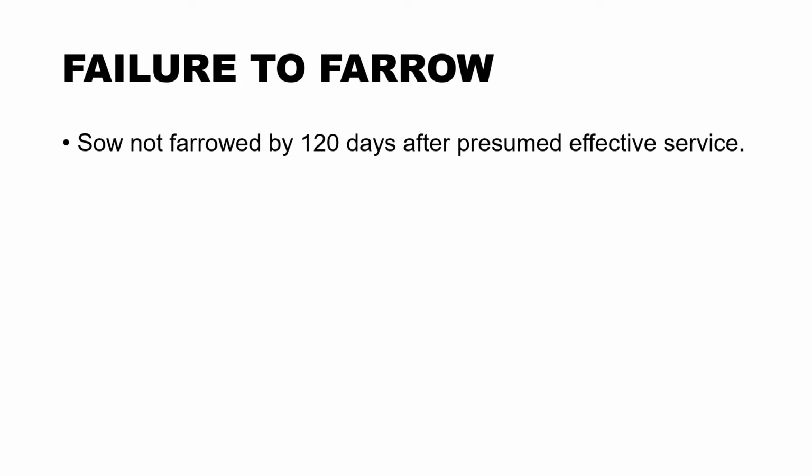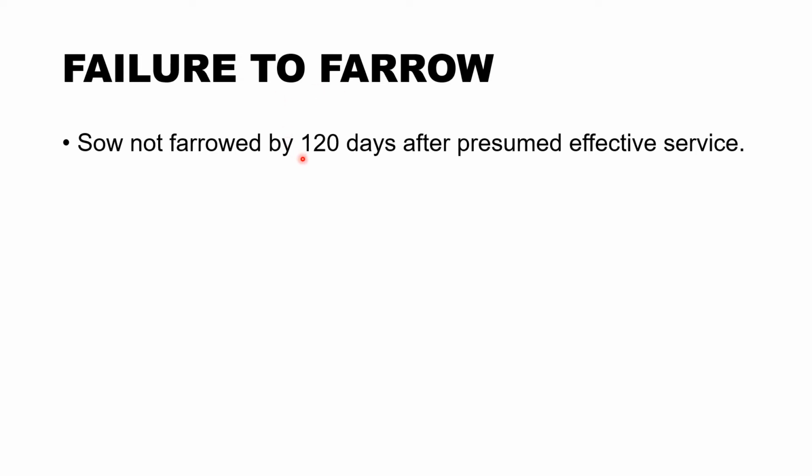Or it could be malnutrition, so the embryo did not develop properly and it failed to farrow. Basically, failure to farrow, as the term implies, means the sow does not farrow by 120 days after presumed effective service. Why 120 days?